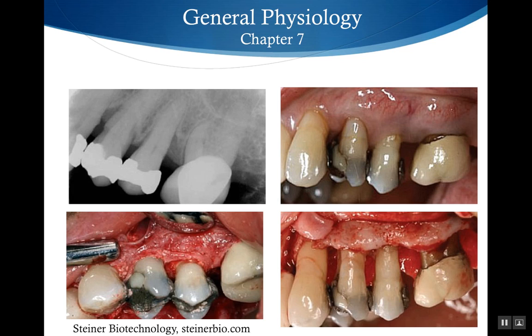So other components of the skeletal system include cartilage, which is found where bones are joined together, and also joints. And joints can be either fibrous, cartilaginous, or synovial. The temporomandibular joint, or TMJ, is an example of a synovial joint.